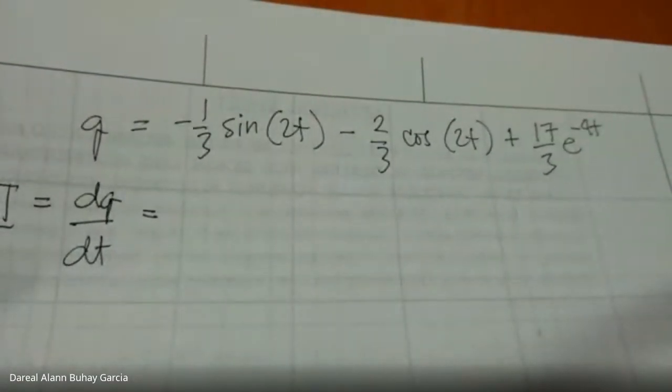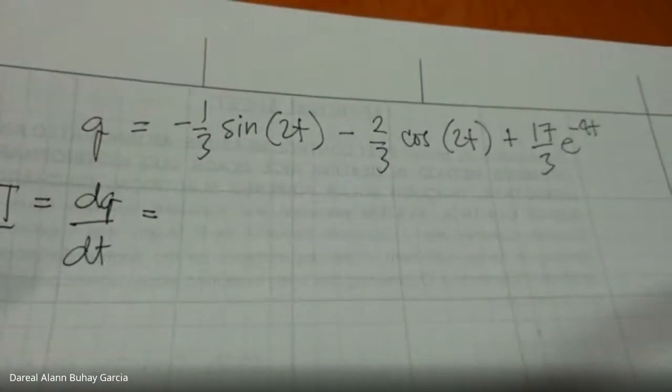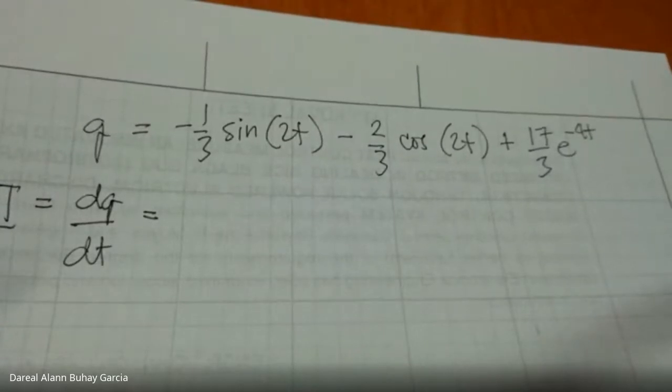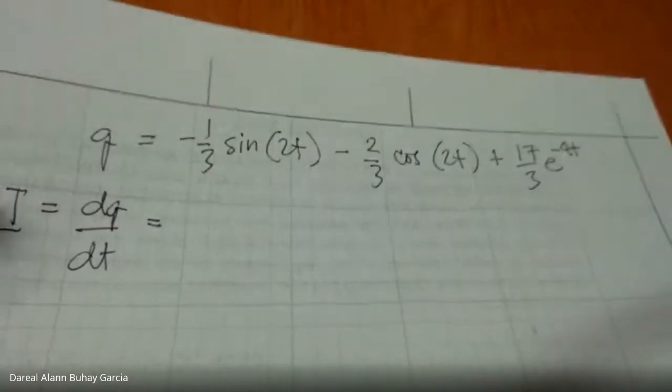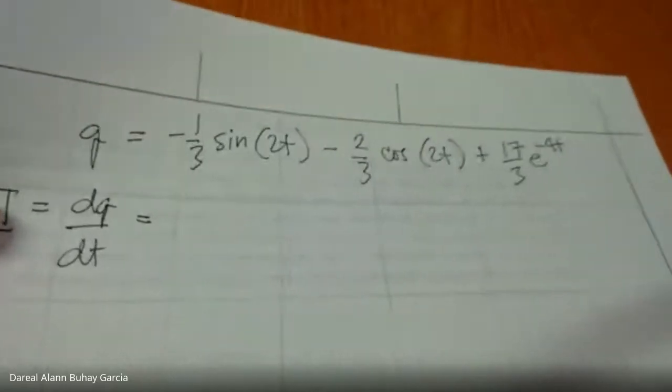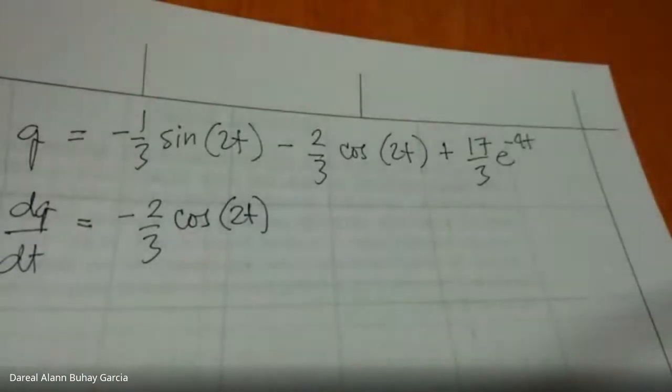So, I, the first derivative of Q, say first derivative ani. Negative 2/3 cosine 2t. No?